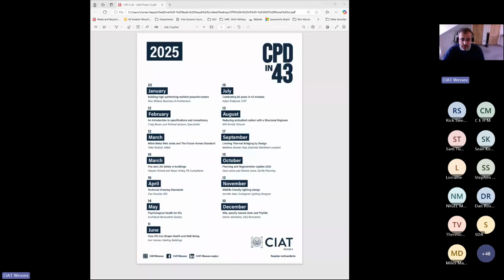September event is limiting thermal bridging by design from Matthew Brook Pete, who's also a fellow of the Institute. Then we have our October, which is planning and regeneration update for this year, which is from Savills. And November is wildlife friendly lighting design from Jennifer Neal. And to wrap up the year is why specify natural slate and firelight from Simon Johnstone from SSQ Riverstone.